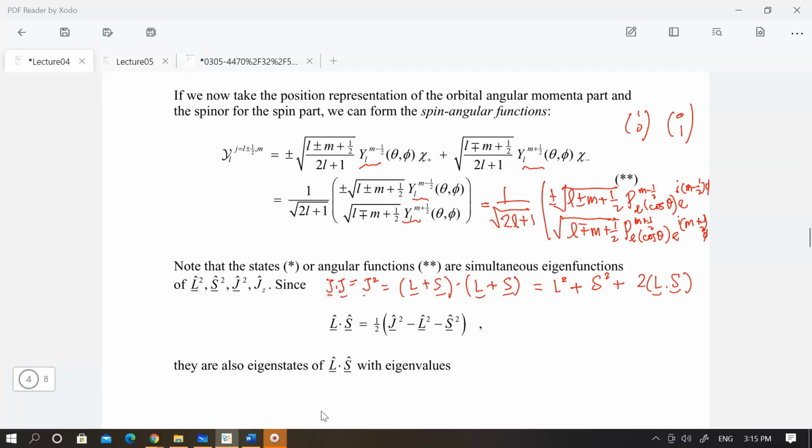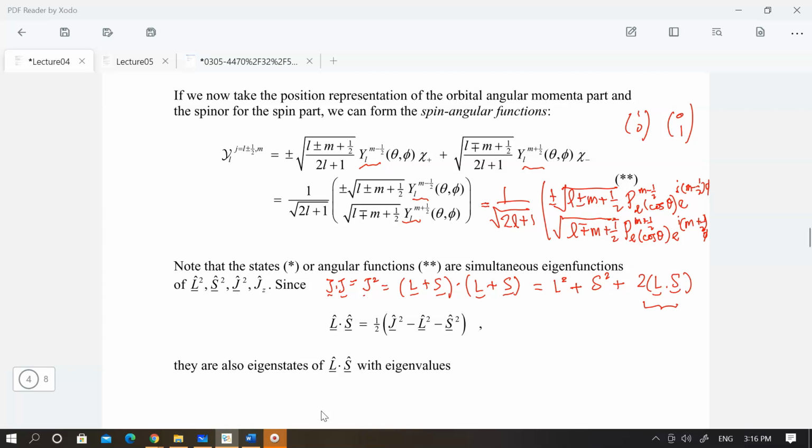Okay, so in other words, L squared also commutes with all these operators, S squared also commutes with all these operators. So in other words, L dot S is also an operator which is coming from your J squared, should also be compatible with all these observables.